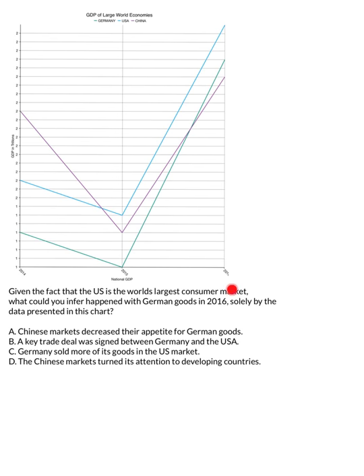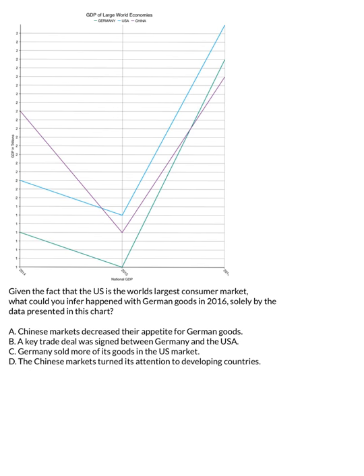Okay, now we jump down here to the responses. Response A, Chinese markets decrease their appetites for German goods. When you look at this chart and you see GDP and the years and the assumption that the U.S. is the world's largest market, solely on the data here, there's really nothing that would give you any reason to have a conclusion about that.